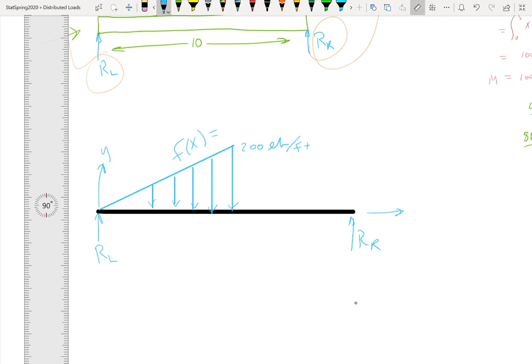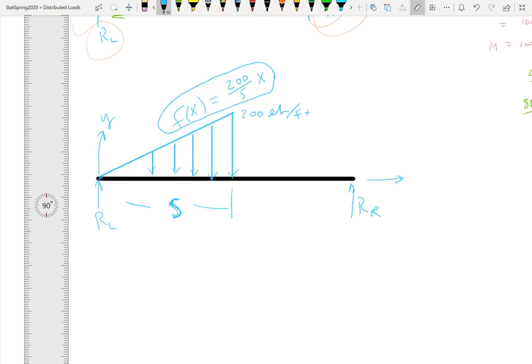Here's your Y. It's just 200. Let's say this is 5 foot again. This is the rise over the run, 200 over 5 times X. Now you don't have a constant load. Okay, the intercept is right there.